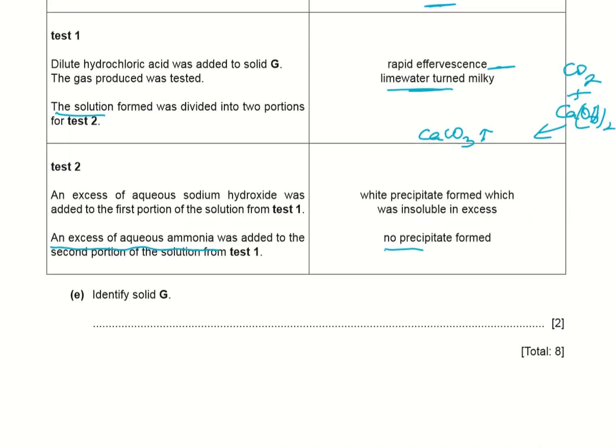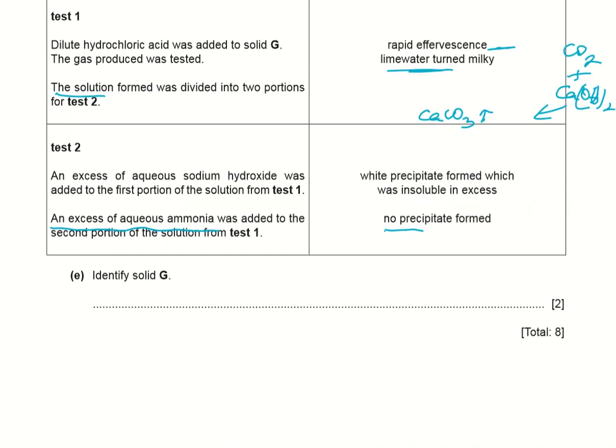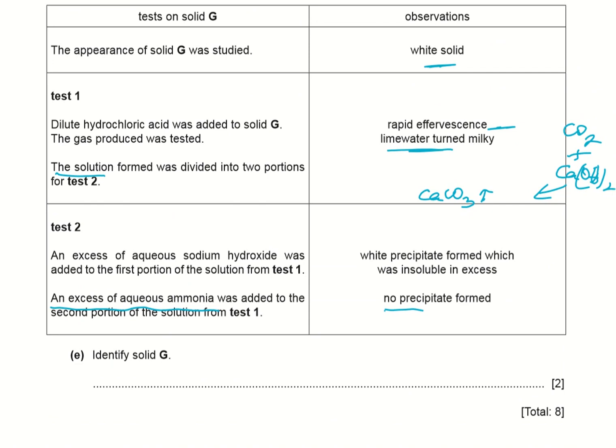So let's look at the question. It says identify solid G. If you look at your qualitative analysis test, you will find that the suspect here is calcium.